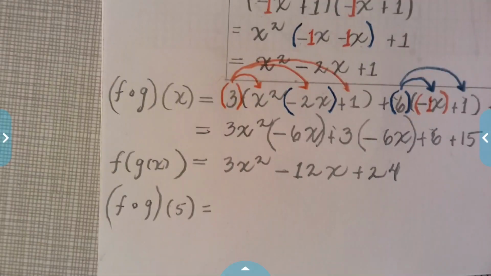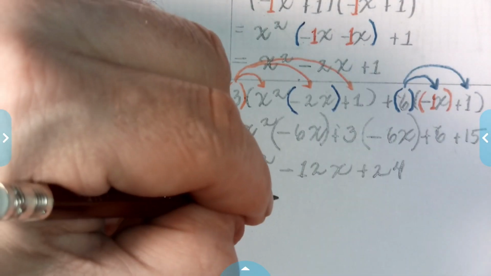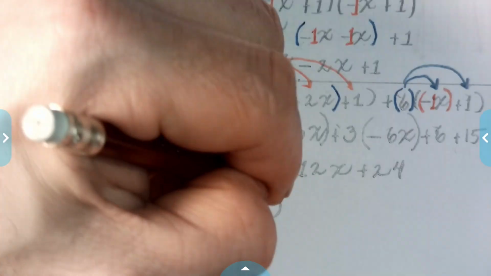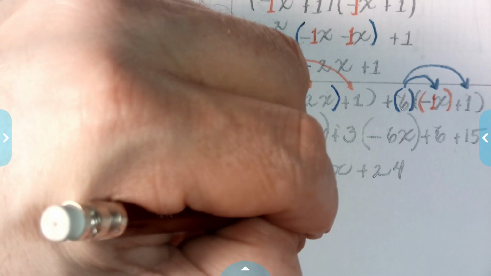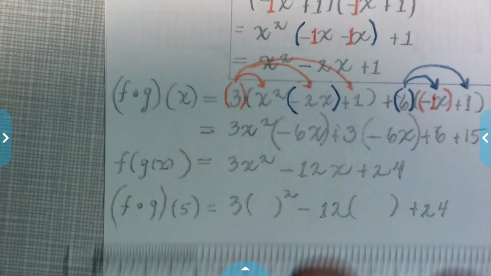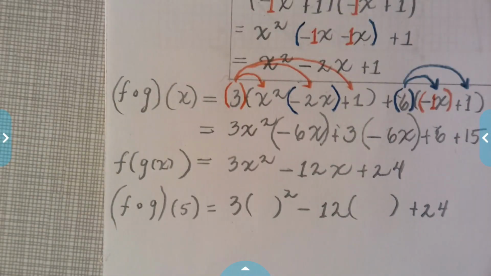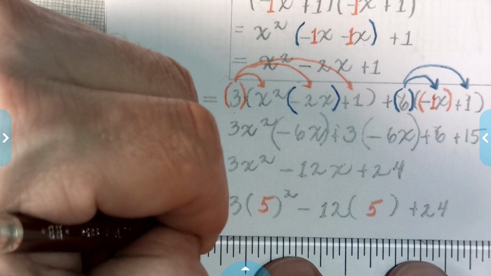Okay, so the way I do this is I think 3 open parentheses, close parentheses, squared, minus 12, open parentheses, close parentheses, plus 24. And inside the parentheses, I'm going to put a 5. Okay. All right, let's see what we get.